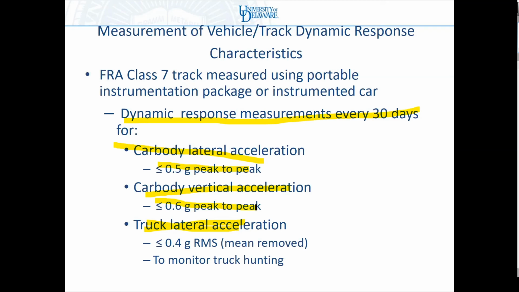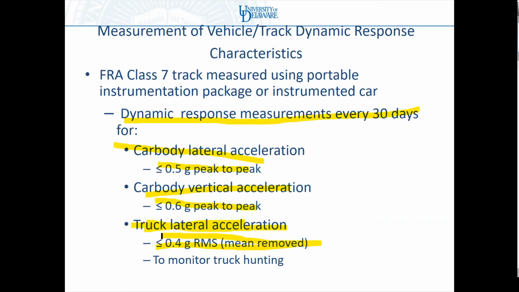Somebody asked me if you need to carry it out to 5 decimal places. No, 9.8 or 9.81 meters per second squared works fine. Truck or bogie lateral accelerations, the current standards have to be less than 0.4 G RMS, which is root mean squared. So no longer peak to peak, but a mean-removed RMS.